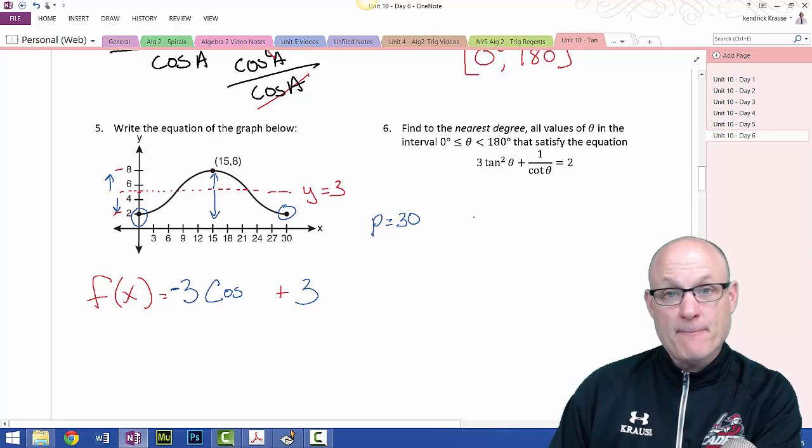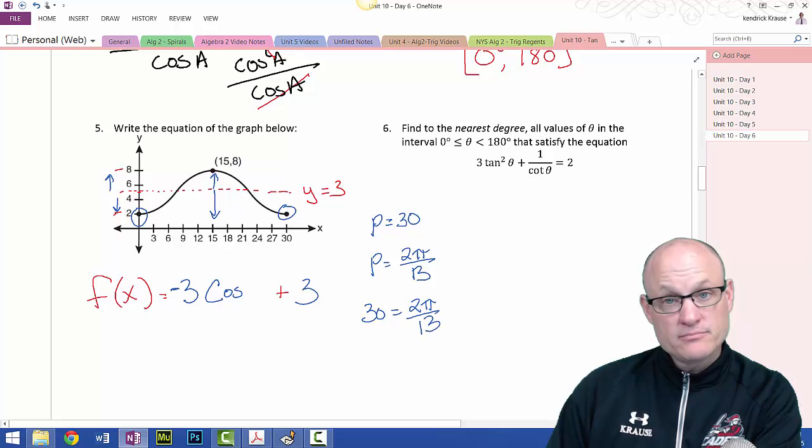Now I got to figure out what my b is. Well, isn't period equal to 2 pi over b? So isn't 30 equal to 2 pi over b? So I can cross multiply. I get 30b equals 2 pi.